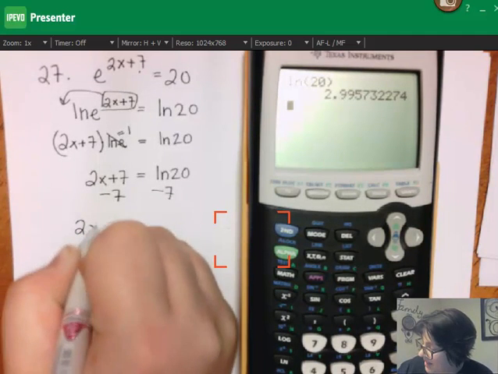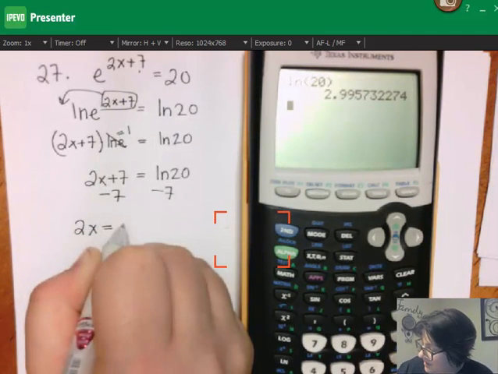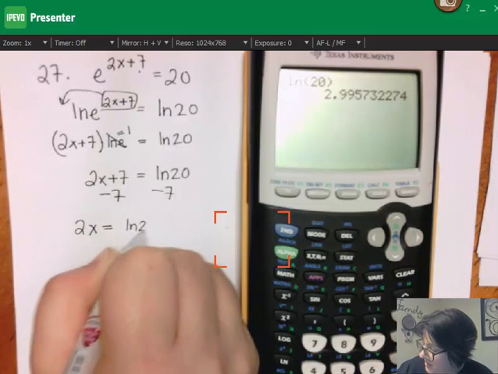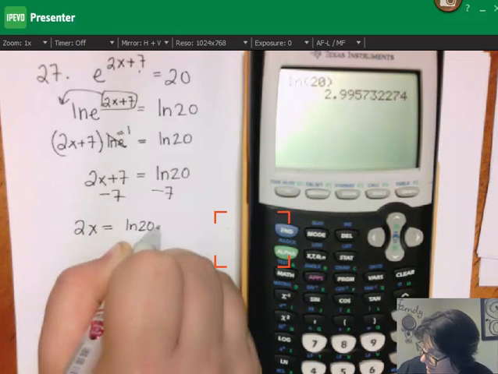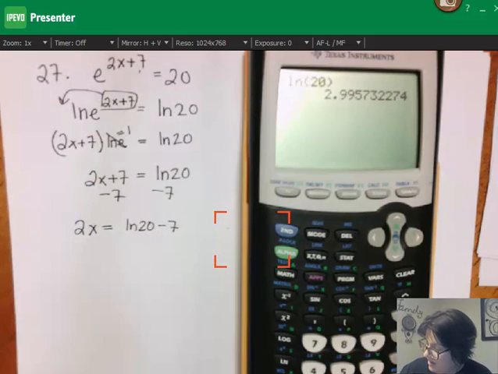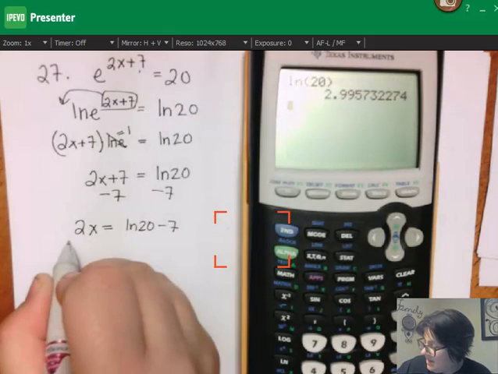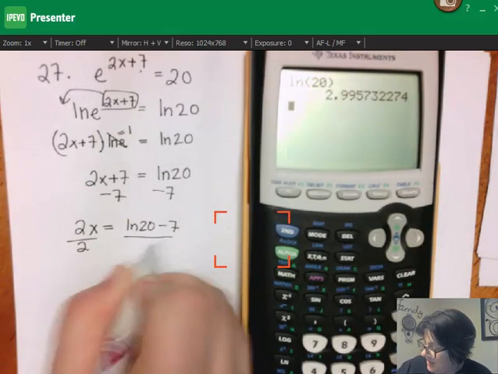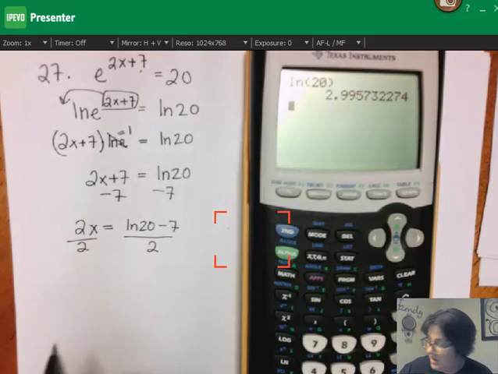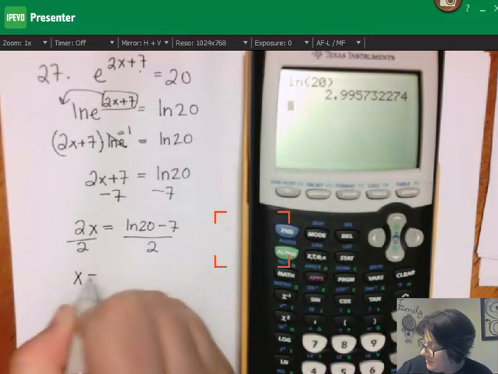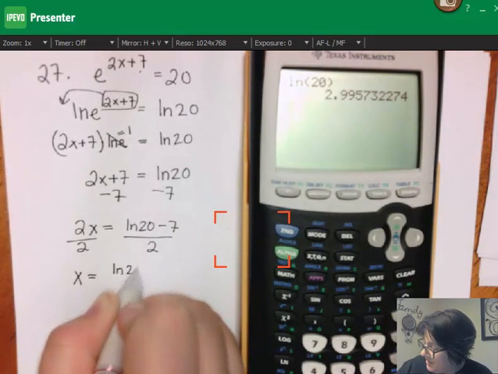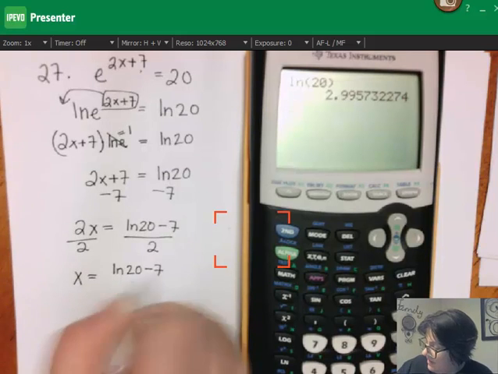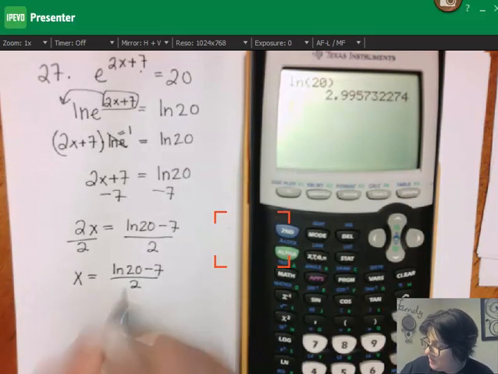So 2x equals the natural log of 20, that number, minus 7. All right. And then I'm going to divide by 2. So I'm going to divide that number by 2. All right. So x equals the natural log of 20 minus 7, that whole thing divided by 2.